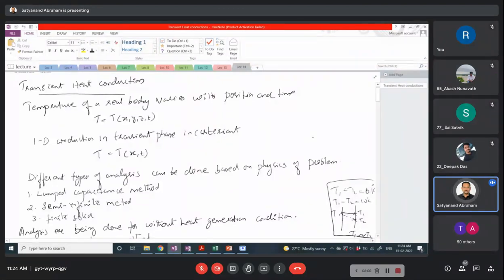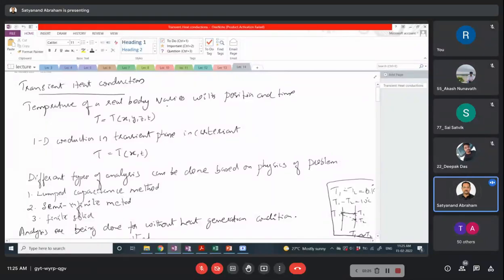It was not varying with time, whether with heat generation or without heat generation. It was in a steady state condition. But in many practical situations, we have surfaces or bodies in which the temperature is varying with time. Okay? Such a situation is known as transient heat conduction.